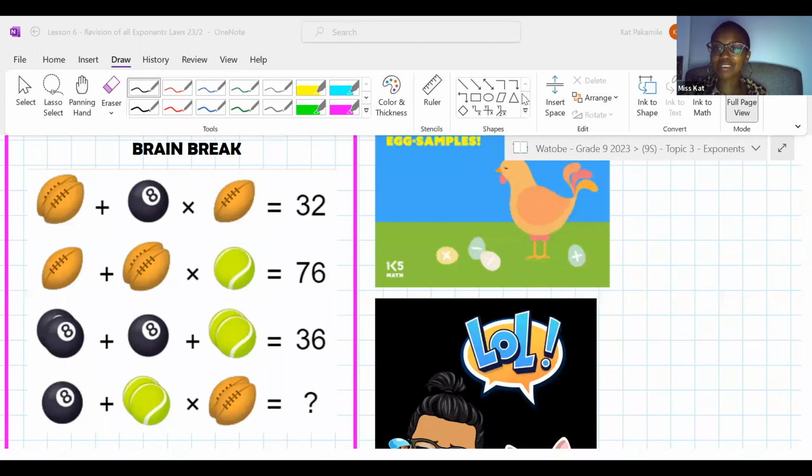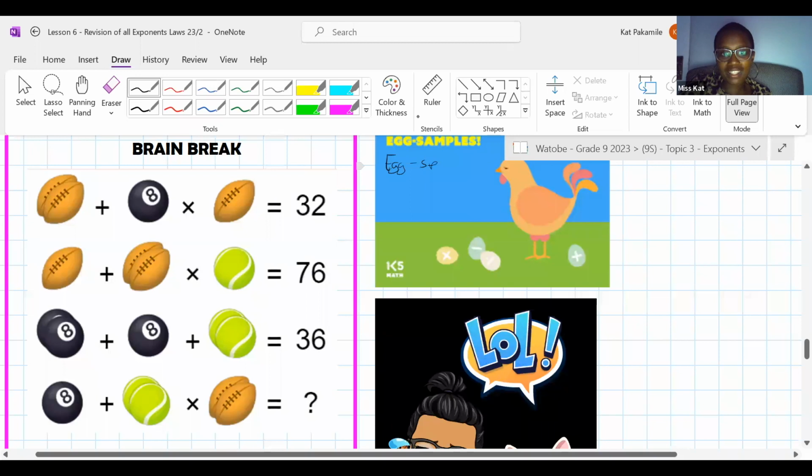Okay, guys, please solve this. Come on now. Oh, example and egg explanation. You can add that. I'm becoming too good at this.